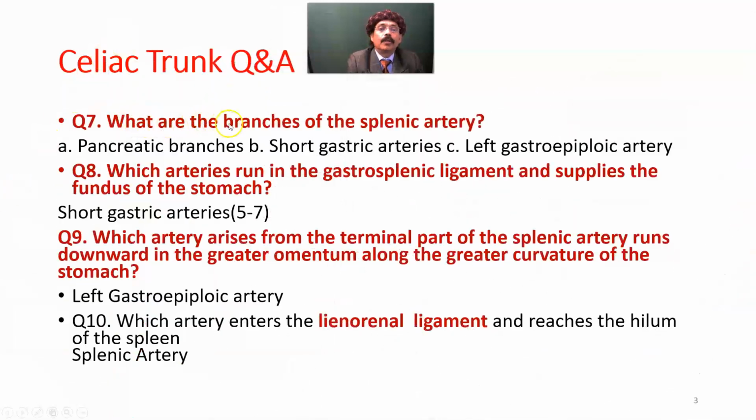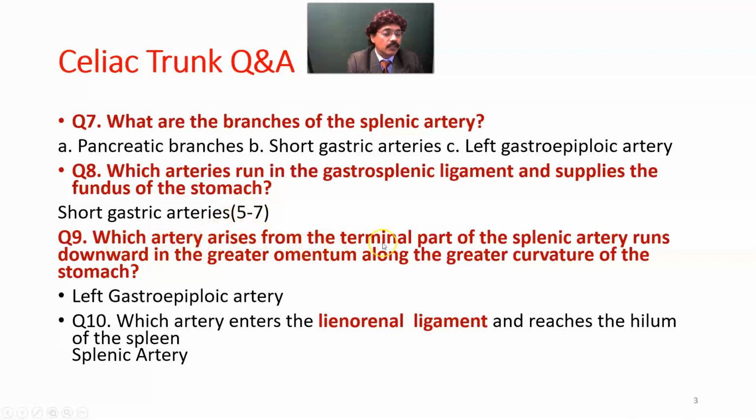Okay. What are the branches of the splenic artery? Numerous pancreatic branches, short gastric arteries, around 5 to 7, and the left gastroepiploic artery near the hilum. Which arteries run in the gastrosplenic ligament and supply the fundus of the stomach? These are the short gastric arteries, numbering 5 to 7.